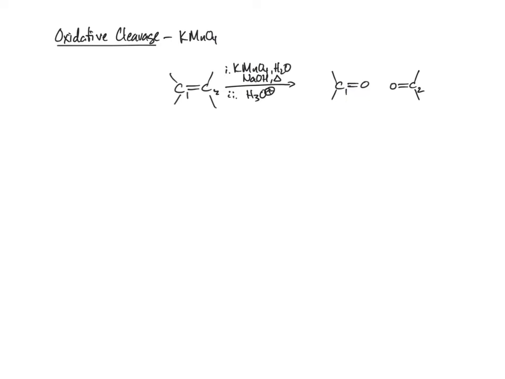Because if you think about all the carbonyl functional groups you've learned, the possibilities are ketone, carboxylic acid, or carbon dioxide. So examining what those substituents are, you can then predict what type of products are produced. So let's look at some examples so we can see what's going on here.